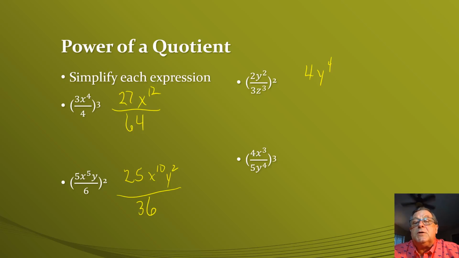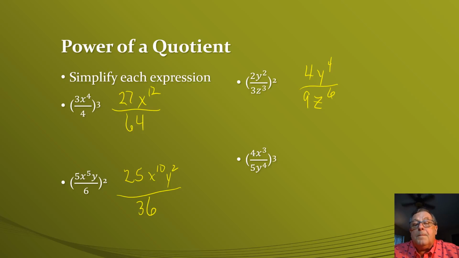And let's see, 3 squared, well, 3 times 3 is 9. And z cubed squared, 3 times 2 is 6, or z to the 6th power. All right, 4y to the 4th over 9z to the 6th.